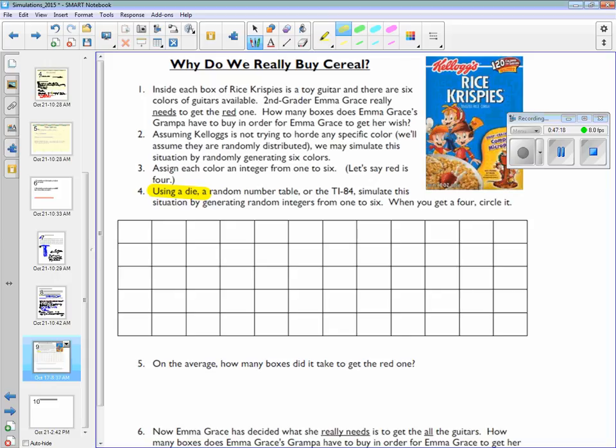Assign each color an integer from 1 to 6. Let's do that together. We have 1 through 6. What colors are there?